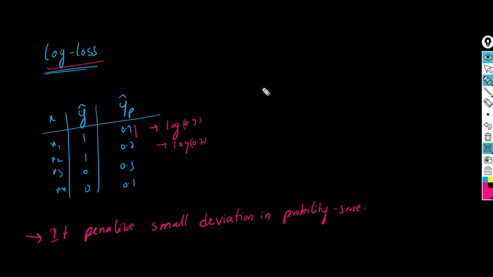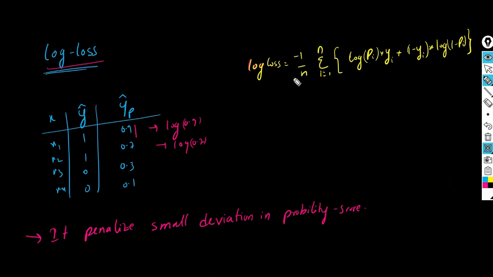Let's see the equation for that. This is the equation for the log loss: minus 1 by n, sigma i equal to 1 to n, where n represents the number of points. Then y_i times log of p_i, where p_i is the probability value and y_i is the actual value, for example 1 0 1 0.